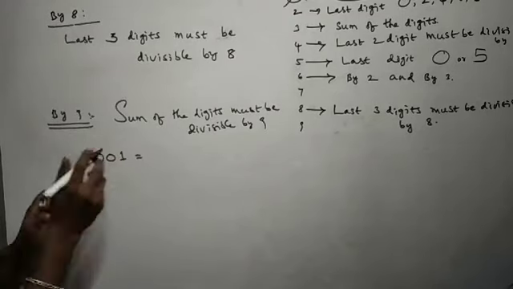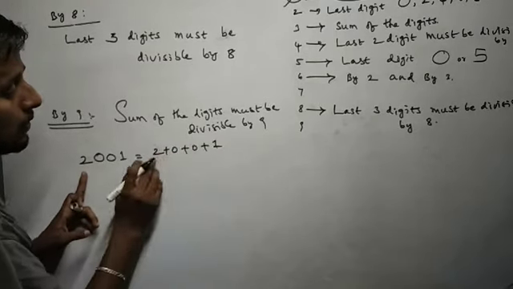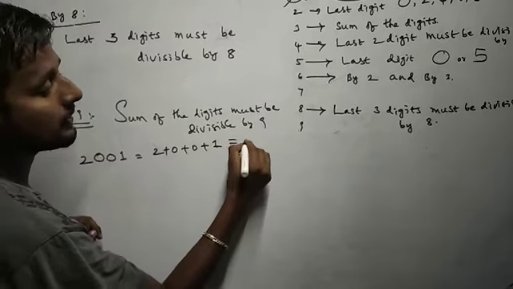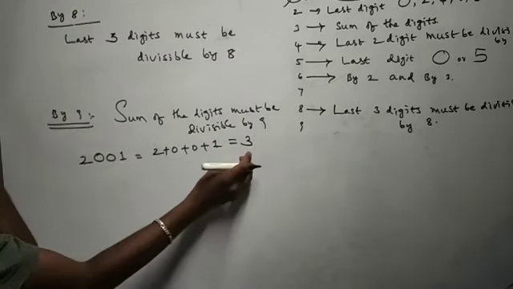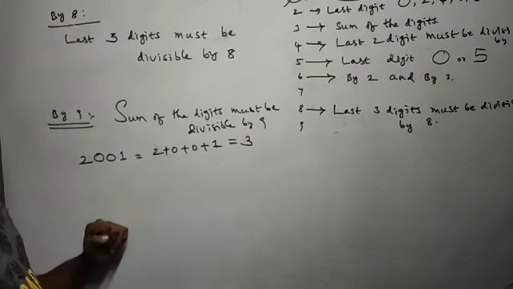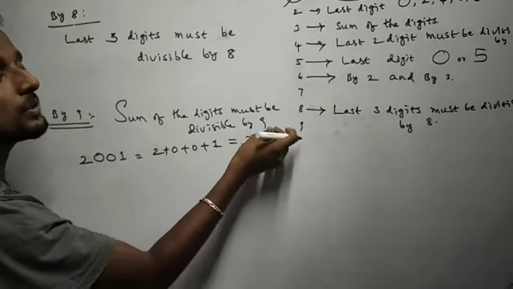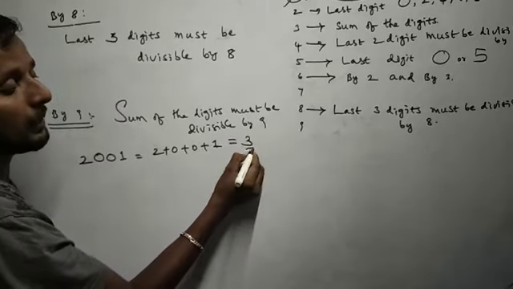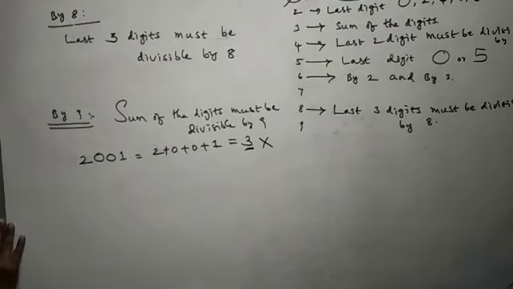Sum of the digits: 2 plus 0 plus 0 plus 1, so 2 plus 1, answer is 3. For 3, it is divisible by 3. But now the sum must be divisible by 9, and 3 is not in the 9 table, so this number is not divisible by 9.